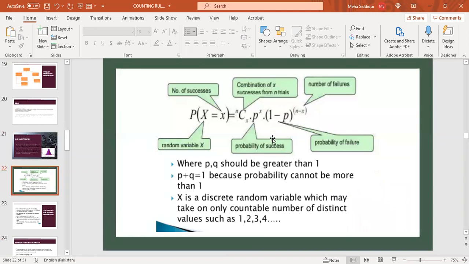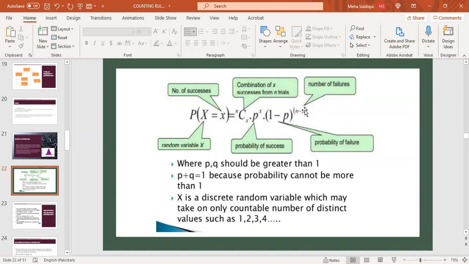Now this is the formula where P(X = x). Capital X means the random variable and small x means the number of successes, and this is the combination of x successes from n trials, as we know how to calculate, we just discussed. And p is the probability of success, and (1 minus p) is q, the probability of failure, which is calculated by 1 minus p.